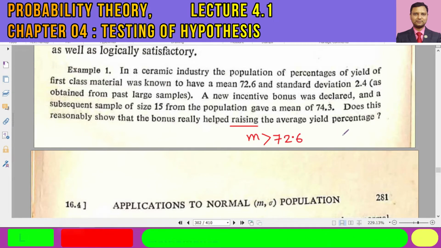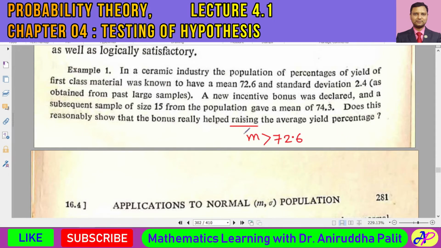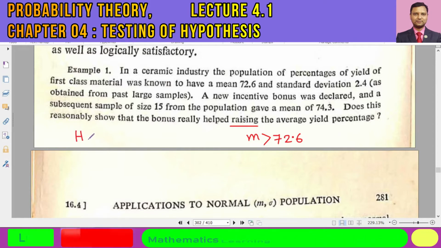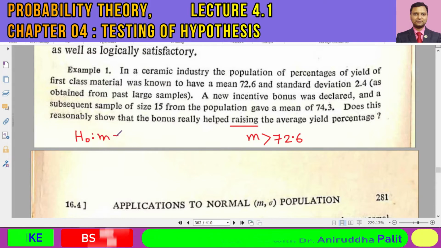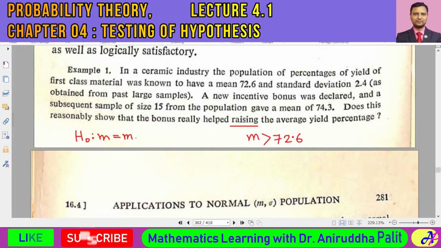So this is the basic question, and you need to identify it in terms of a mathematical inequality. Always the null hypothesis is written in this fashion: H0 says that m is equal to m0. Then we are actually testing this type of hypothesis.